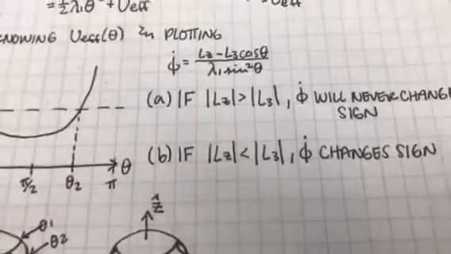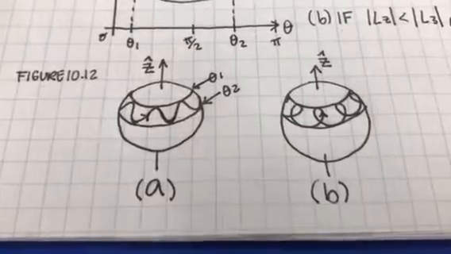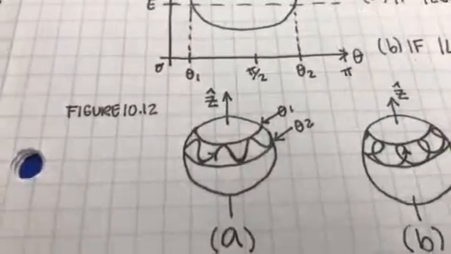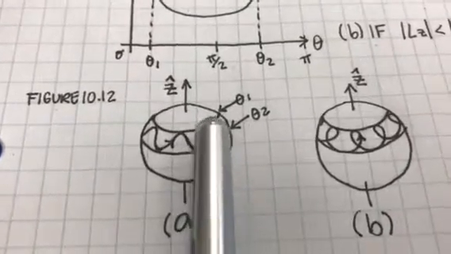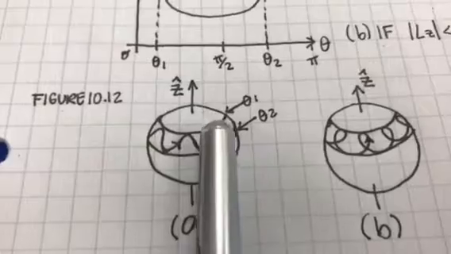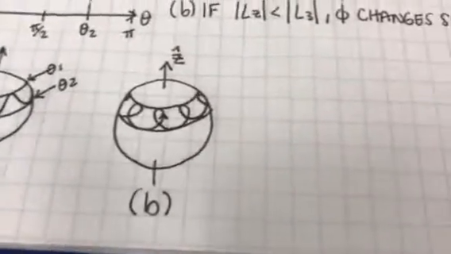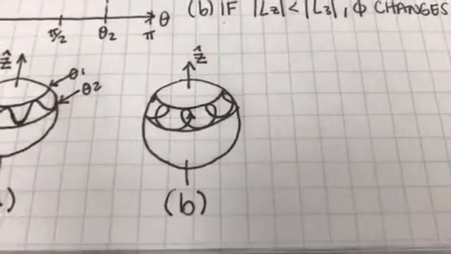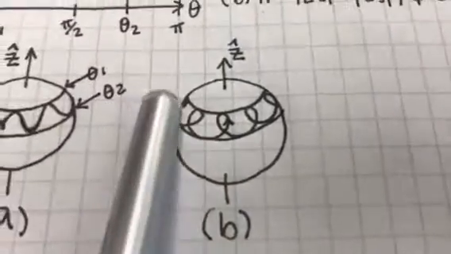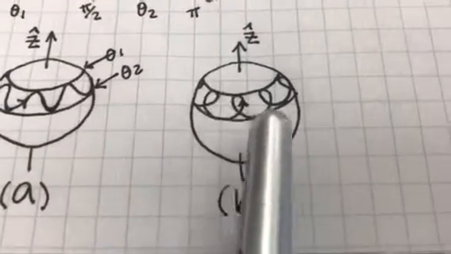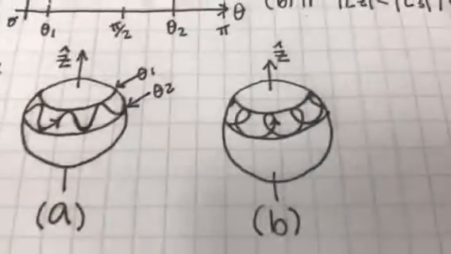And so representing this motion in this figure 10.12, you get this where phi dot doesn't change sign, and it just goes either in the positive or negative direction as theta oscillates between theta 1 and theta 2. Or this figure that represents if phi dot does change. Then it goes in this sort of circular motion as it oscillates between theta 1 and theta 2.